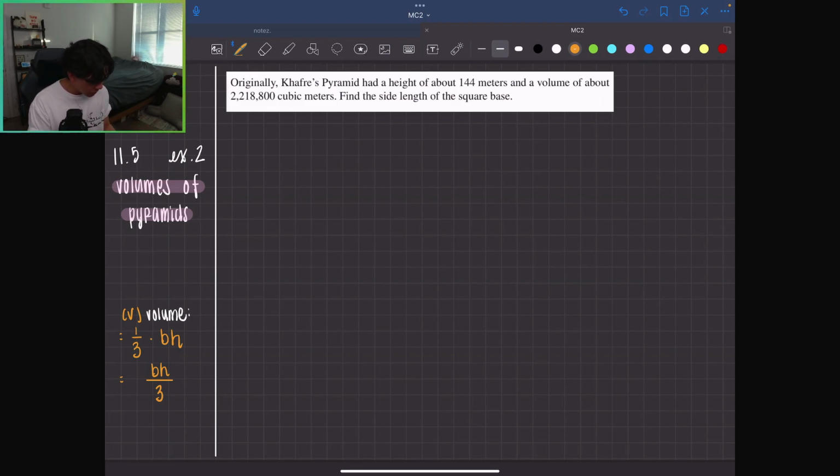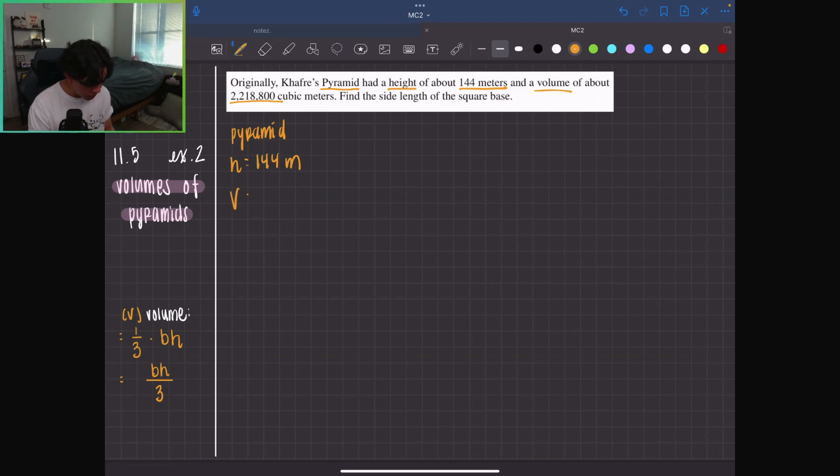The first thing that I want to notice here is this is obviously going to be a pyramid, and it has a height of about 144 meters. Okay, so we are working with a pyramid, and the height is 144 meters, and a volume of about 2,218,800 cubic meters.